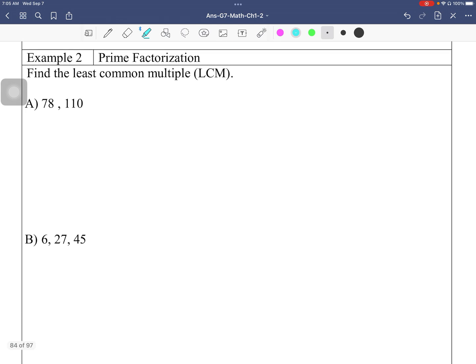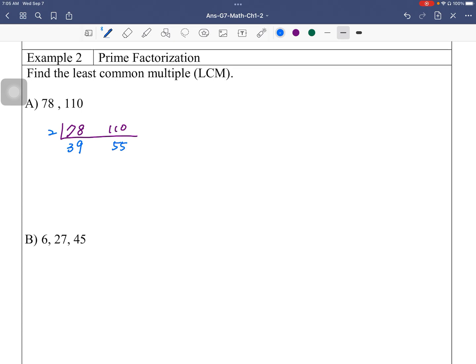Okay, so example 2, we want to find the least common multiple. Since these numbers are more complicated, we are just going to use the step method, the short division, to help us find the least common multiple. So 78 and 110 divided by 2 gives 39 and 55.